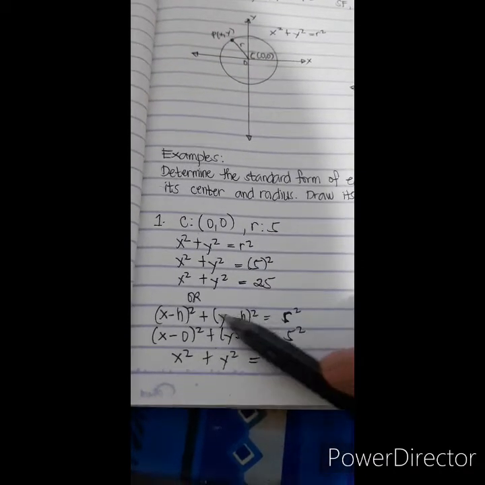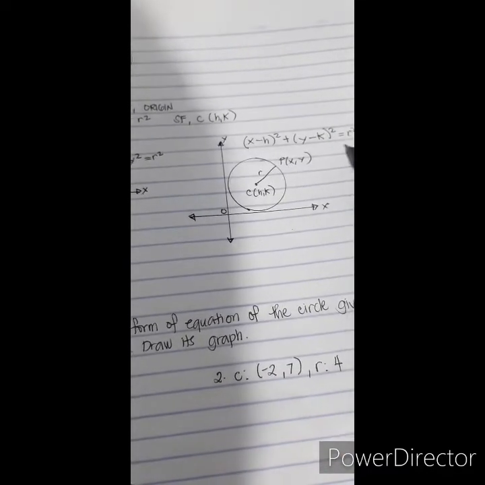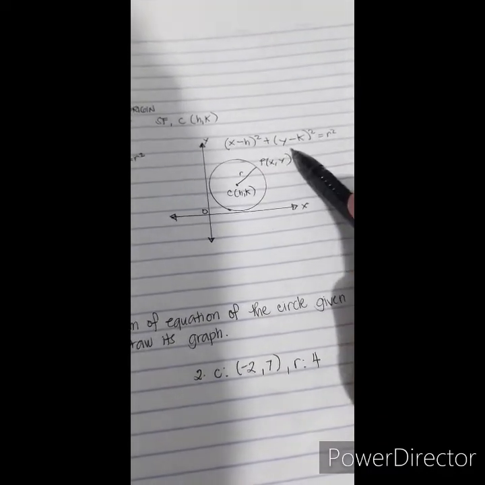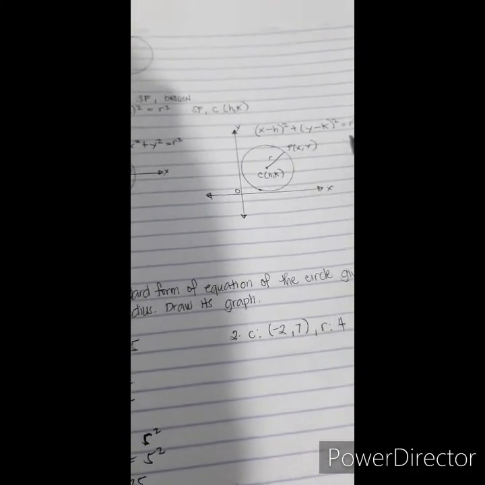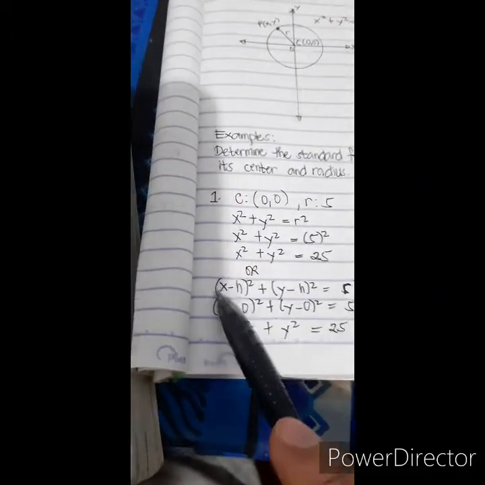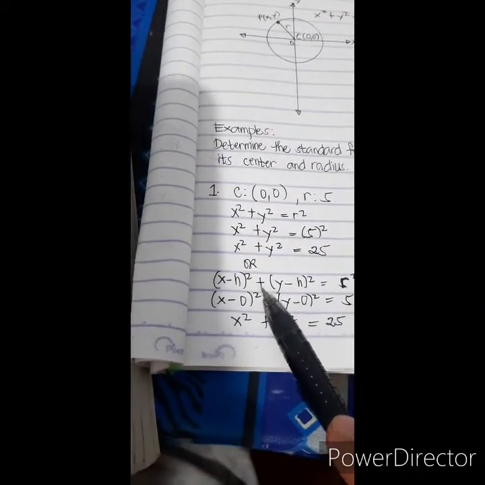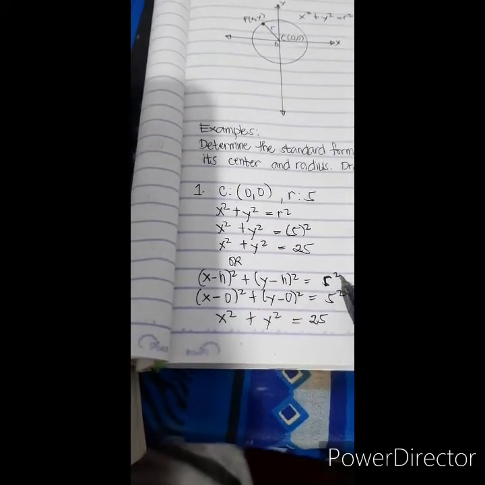Or in some other way, you can also apply this equation. You will just need to substitute the values of h and k, and also the radius. So going back here, we have quantity of x minus h squared plus quantity of y minus k squared is equal to r squared.